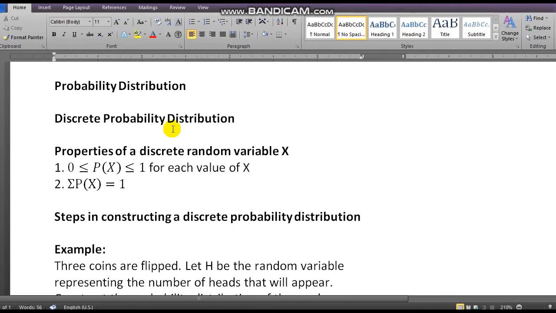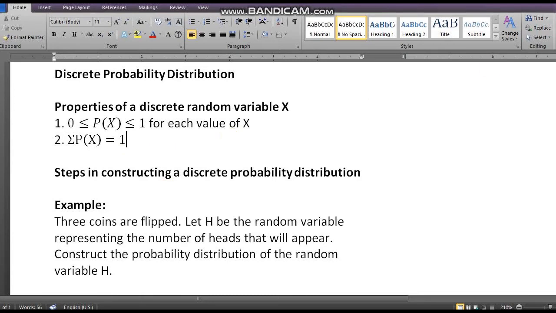That's how we represent probabilities, between 0 and 1 only, and 0 and 1 are inclusive. Next, the sum of all the probabilities, the summation of P of x, is equal to 1. Meaning, if I take all the possible probabilities of this discrete random variable, their sum should be equal to 1, or 100%.